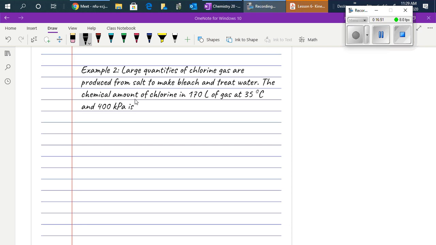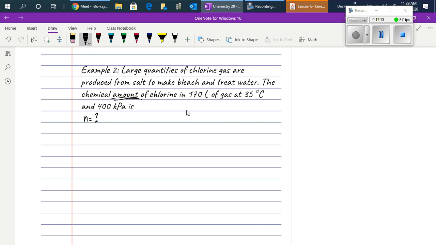The chemical amount of chlorine in 170 liters of gas at 35 degrees Celsius and 400 kilopascal is... So what we are looking for is the N, the number of moles, the amount of the chlorine.